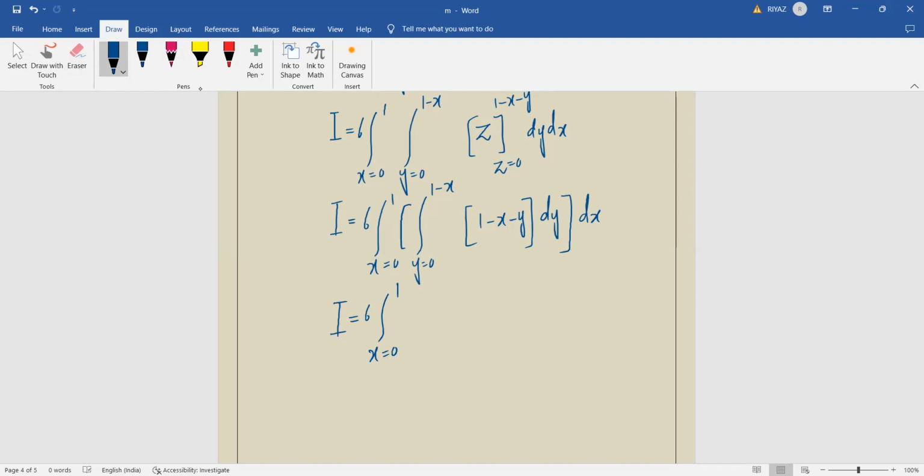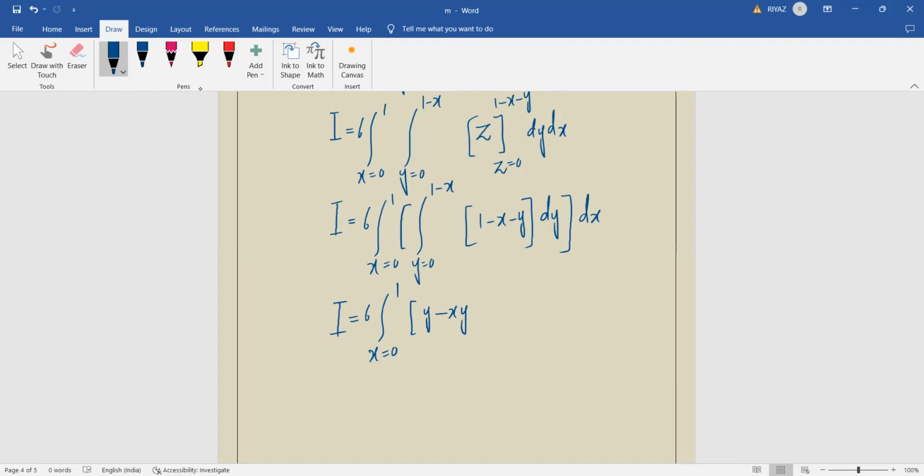Now what is the answer of 1 dy? Let me do it individually: 1 with respect to y, x with respect to y, and y with respect to y. There are 3 parts. Part 1: 1 with respect to y is y. Now x with respect to y is xy. You know how it is?